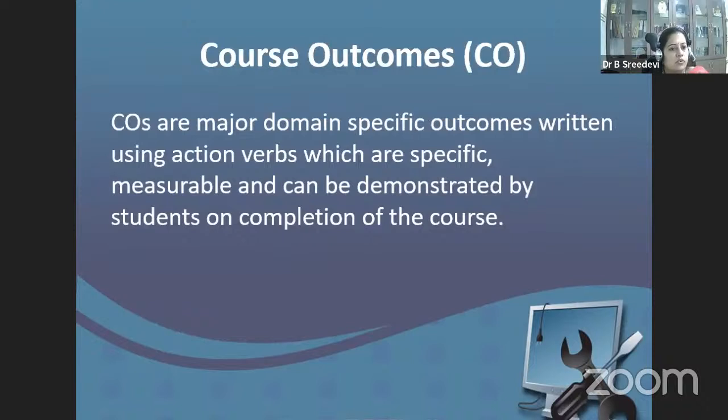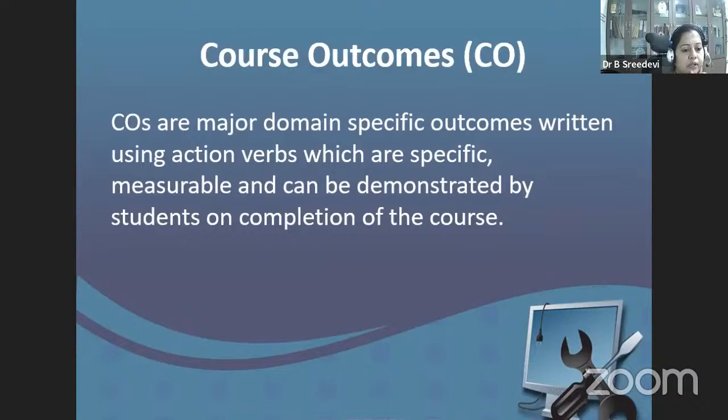The next is course outcomes. Course outcomes are nothing but, as I mentioned, subject specific. Most of us are familiar with course outcomes, but how do we frame them for a particular course?